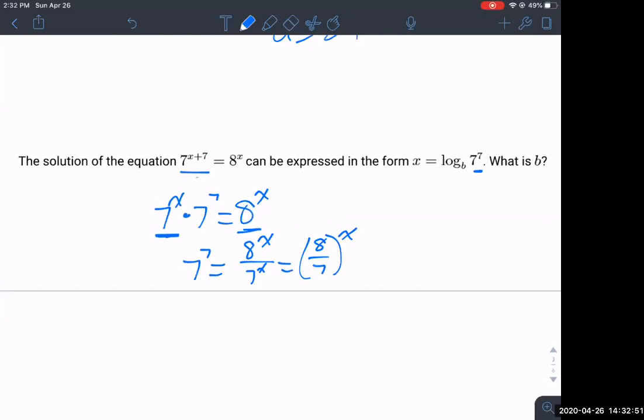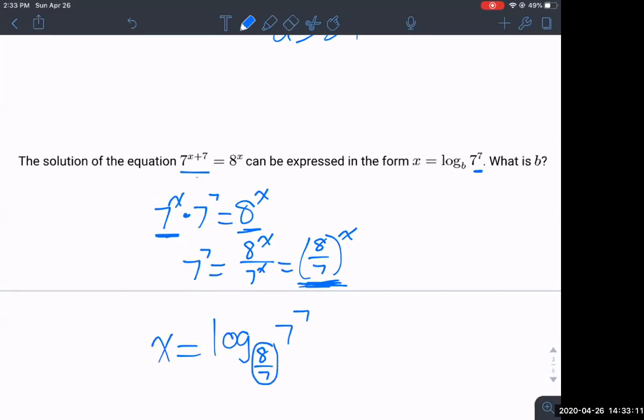Then we can take the log of both sides, and the log base of choice will just make it 8 over 7, so that our right side can just be x. So x is log base 8 over 7 of 7 to the 7.